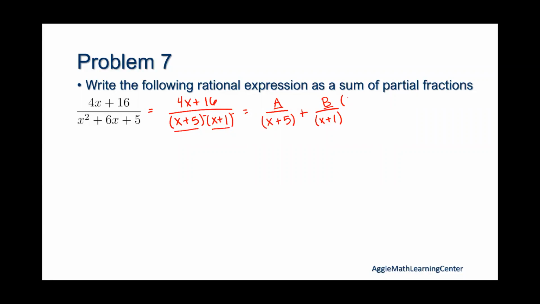So this one, we're going to multiply by x plus 5 on the top and bottom to give it that common denominator, and this one, you multiply by x plus 1. Since everything has the same denominator, all of these denominators are going to cancel out, right? So now we're left with 4x plus 16 equals A times (x plus 1) plus B times (x plus 5).